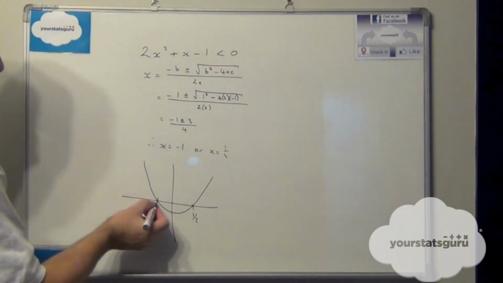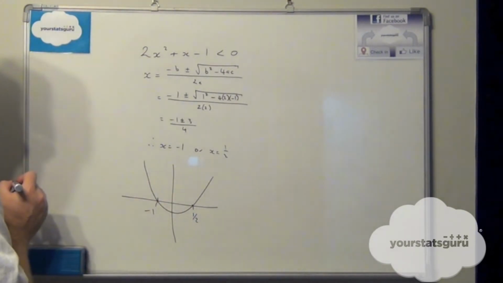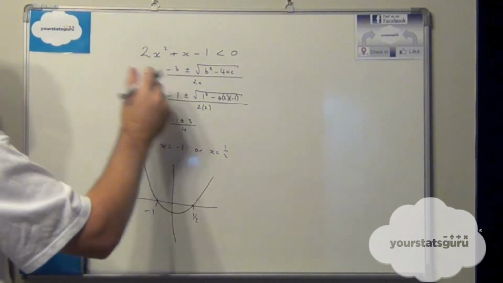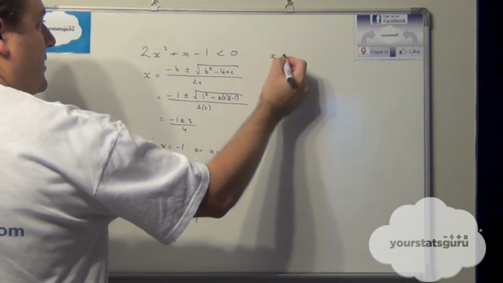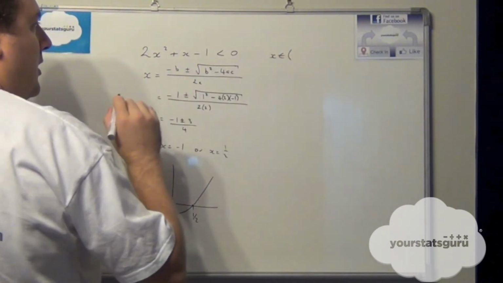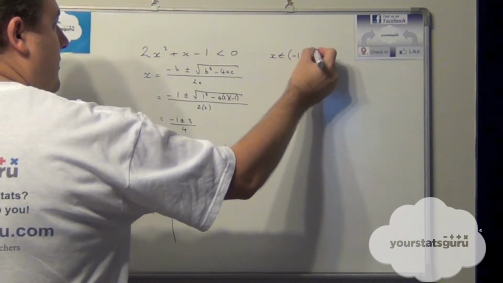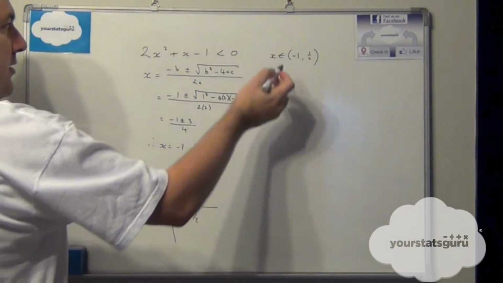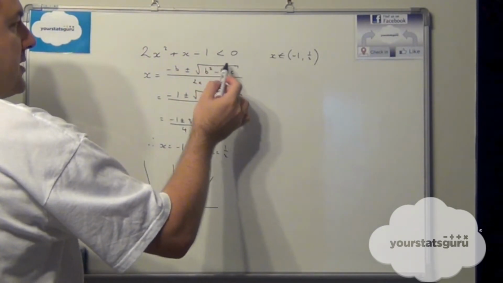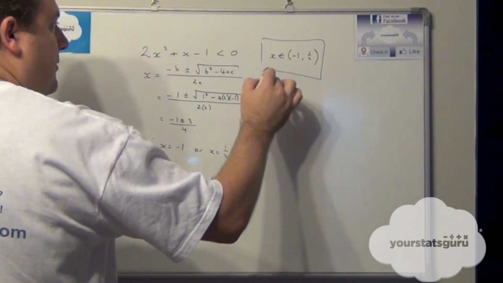Clearly the graph is only negative where it is below the x-axis, and so the answer to this question is where x is an element of the non-inclusive interval minus 1 to a half. Now it's non-inclusive because this is a less than 0. If it was less than or equal to 0, this would be inclusive. And so that's the answer we're looking for.